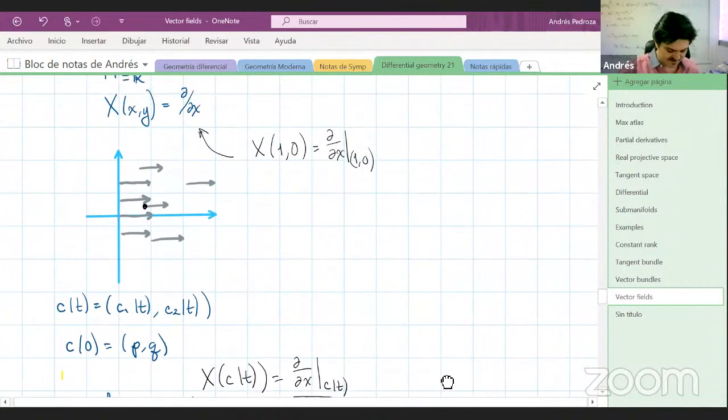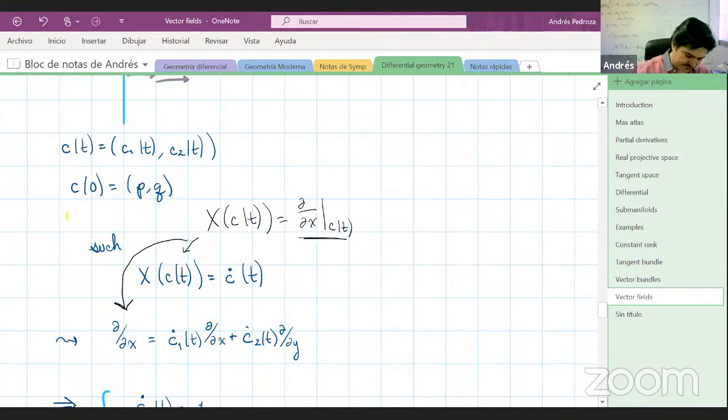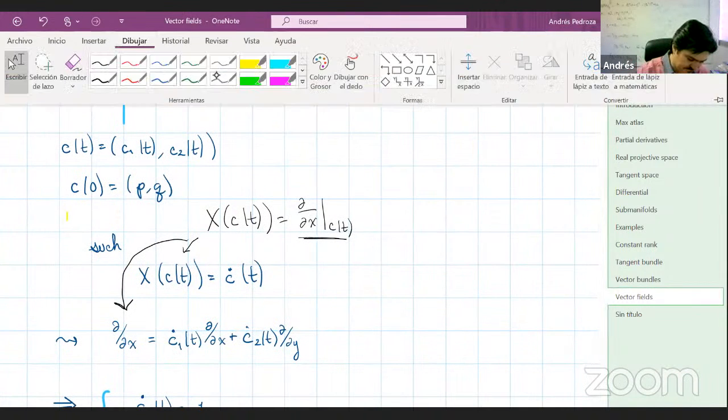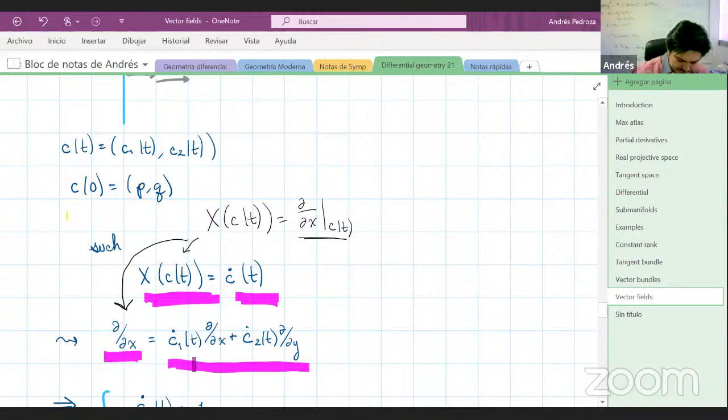Sorry for that, let me put it here. So this left-hand side, I put it here. This right-hand side is here.